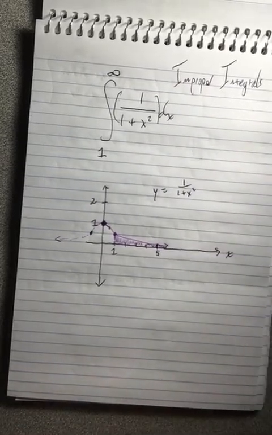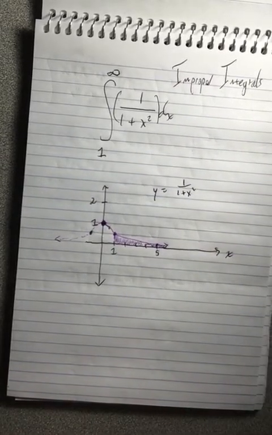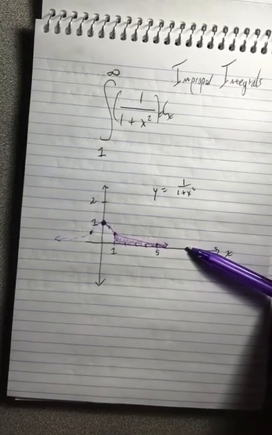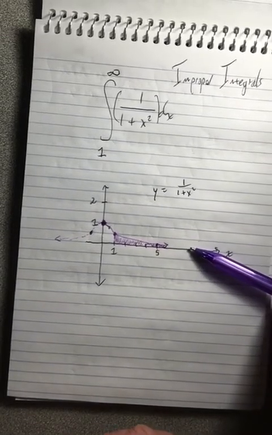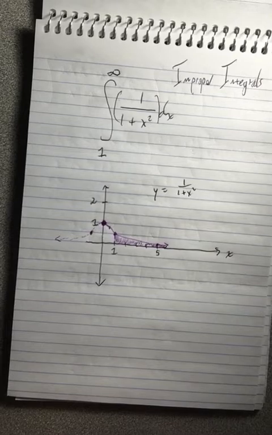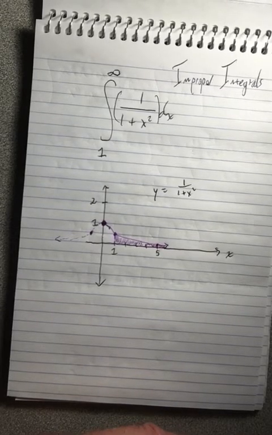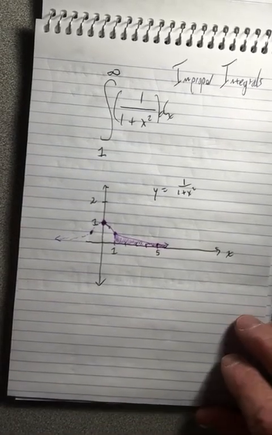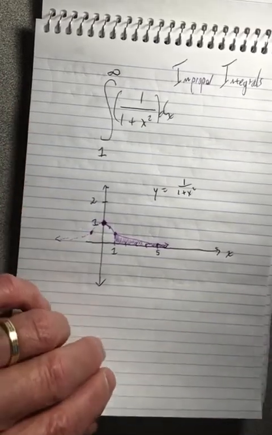So how can we compute the area of an infinite area? Isn't it just infinite? Well, it turns out that it's not. This infinite area actually fits in a finite space. How do we find out if that's true?